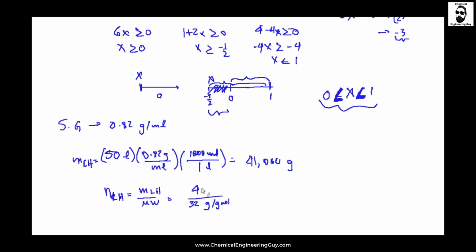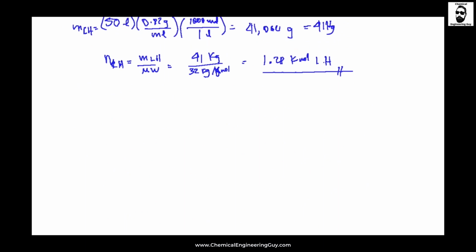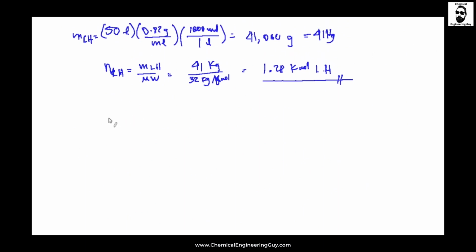We have 41,000 grams, so let me use kilograms: this is 41 kilograms, and this is kilograms per kilomole. So you get 1.28 kilomoles of liquid hydrazine. Why moles? Because we're going to use moles to relate to stoichiometry. So let me check this value.